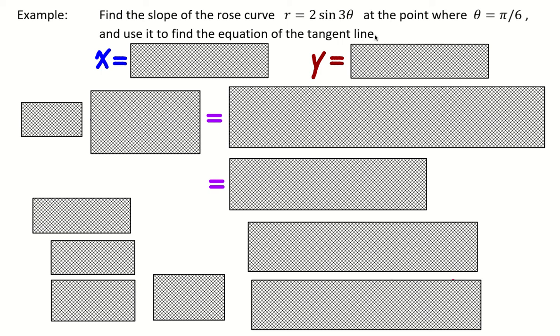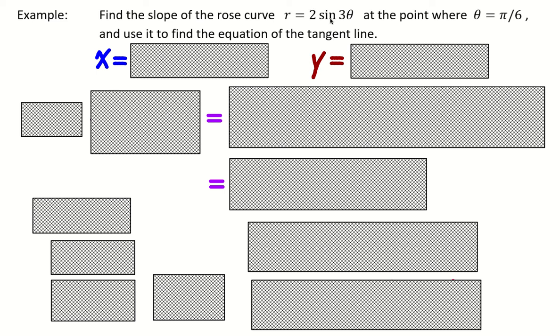Classic. But I don't think there's going to be any homework problems that require you to do this last part, just the slope at certain theta values, if I'm not mistaken. So anyway, to do this, we first need to define x and y using parametric equations.